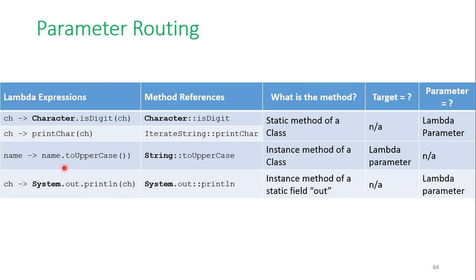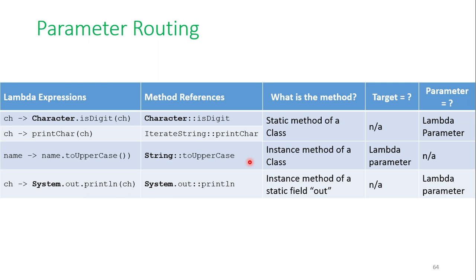We use name as the target of the invocation of the toUpperCase method. The syntax for the method reference is the same. You take the name of the class, String, colon colon, toUpperCase.